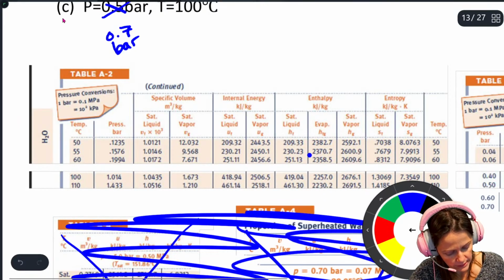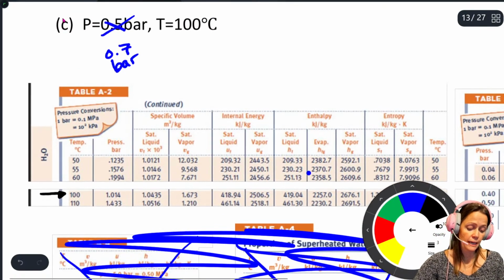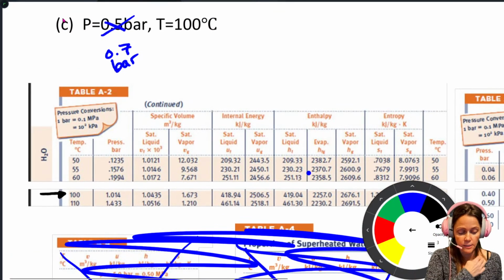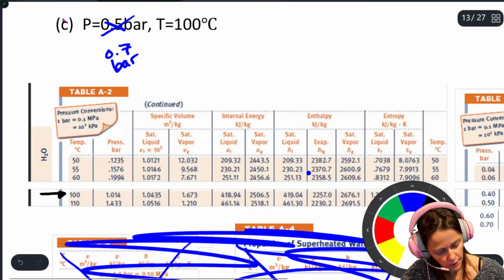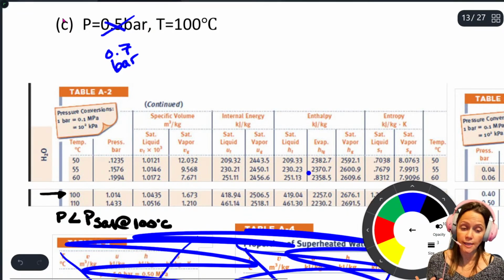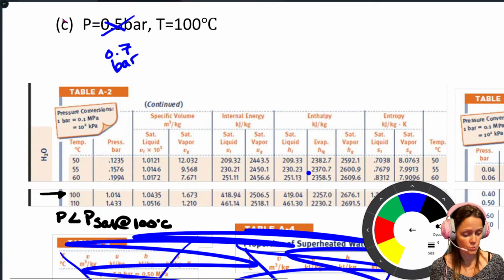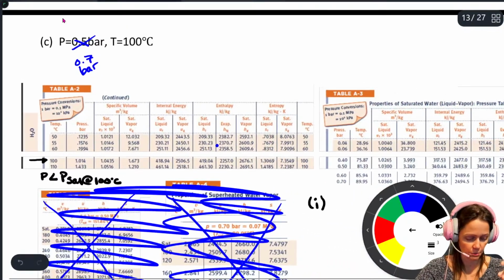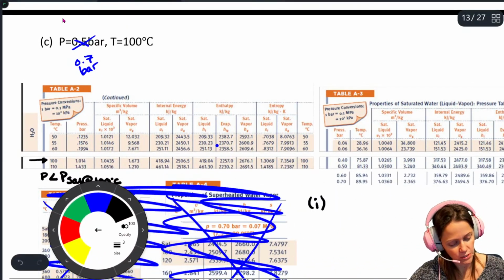And so I could see at 100 degrees Celsius, the pressure that we would have to be at to be saturated is 1.014 bar. So we're at 0.7 bar. So our pressure is less than Psat at 100 degrees Celsius, which means that it's superheated by the rules that are on that page, a couple of pages up.